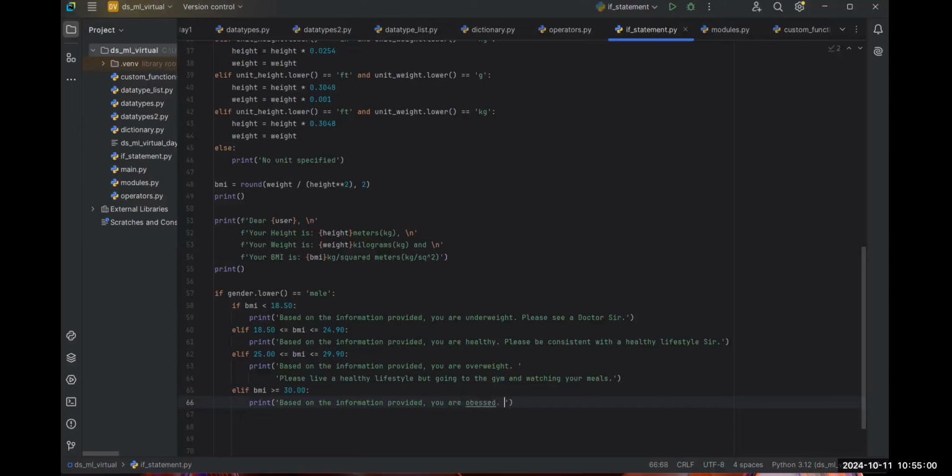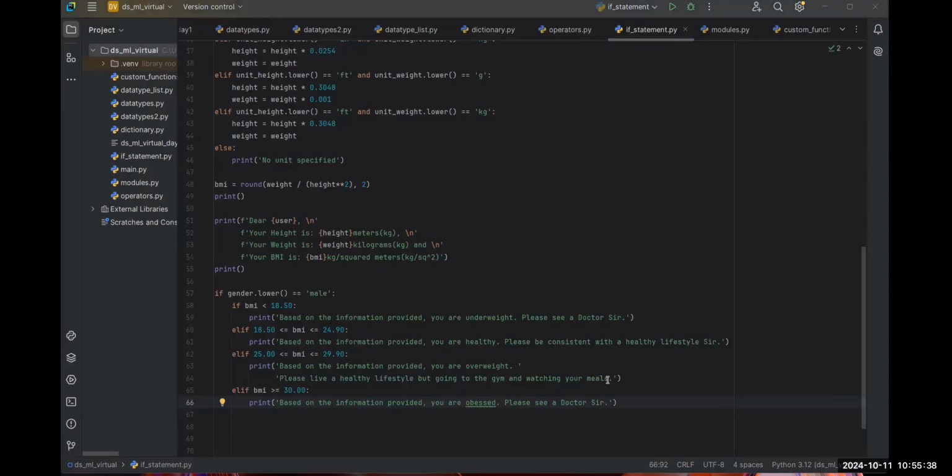Full stop. Obese, okay, one S. Full stop. Please see a doctor, sir.